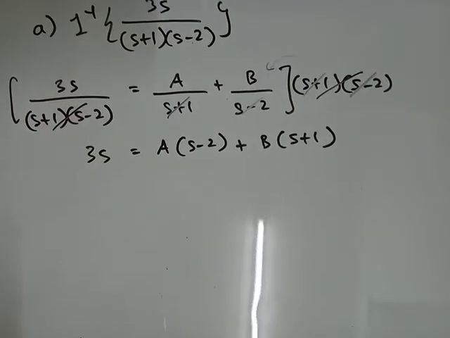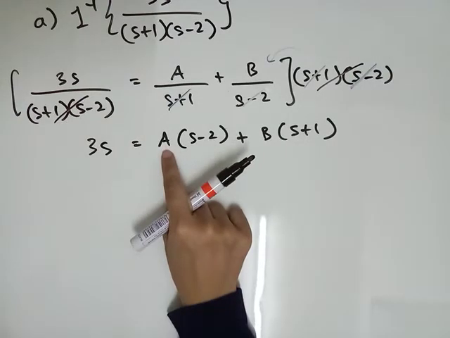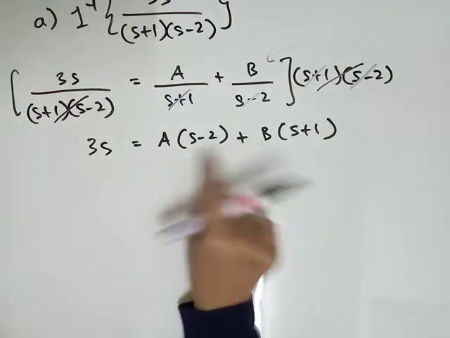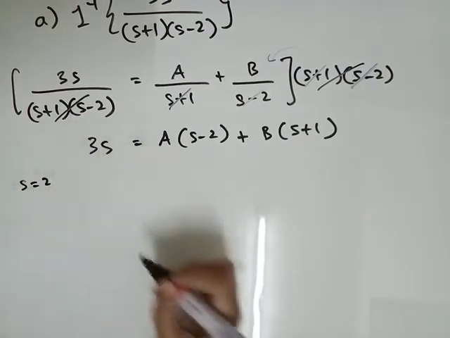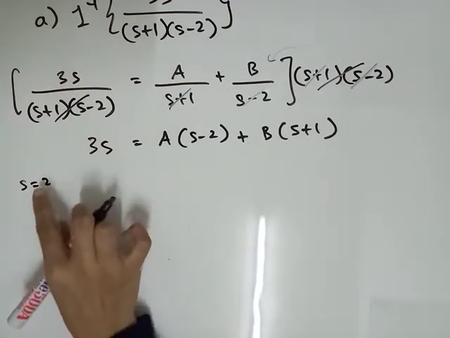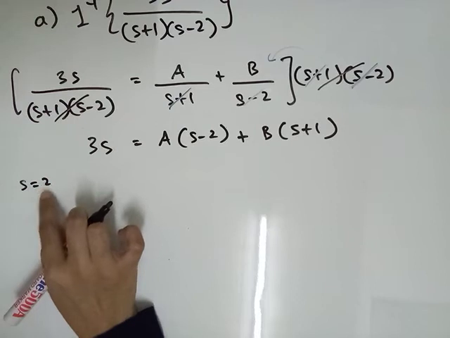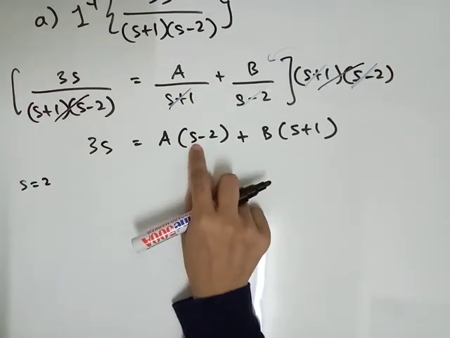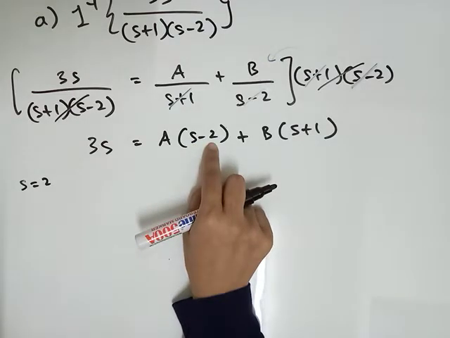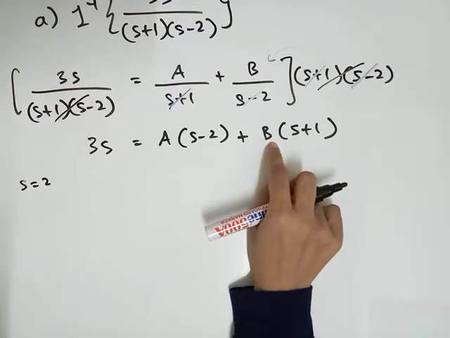Alright, you found now? Then we need to find the values of A and B. I will let s equal 2. Why let s equal 2? Substitute 2 into s: 2 minus 2 gives 0, and 0 times A is 0, so we can find B first.